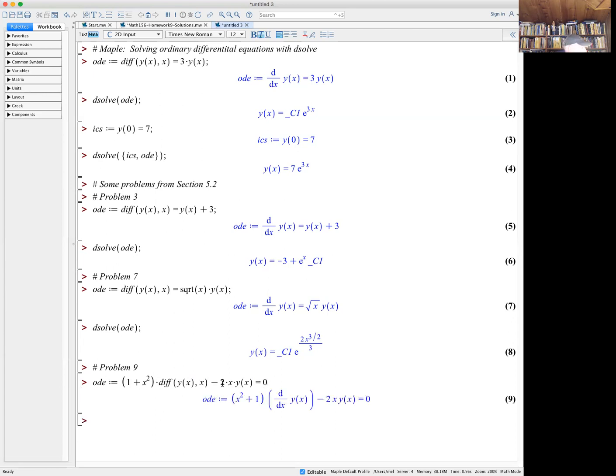That's problem number 9. 1 plus x squared y prime minus 2xy. What's the solution? So just say dsolve, solve the differential equation, ODE, and it is x squared plus 1 times a constant.